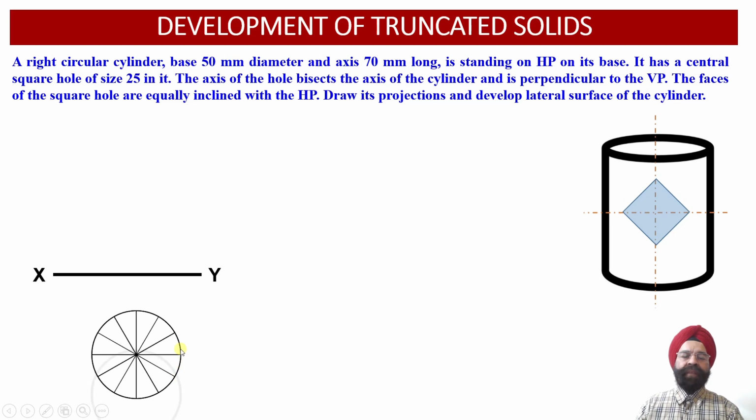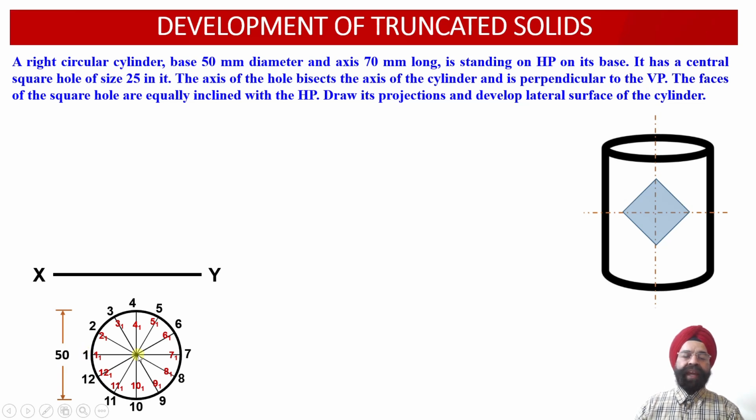Here we have got the diameter of the cylinder equal to 50 mm, and we have plotted all the 12 points corresponding to the base of the cylinder using the red color on the inner side of the circular projection, while the 12 points of the top face of the cylinder have been marked with black color outside the circular top view projection.